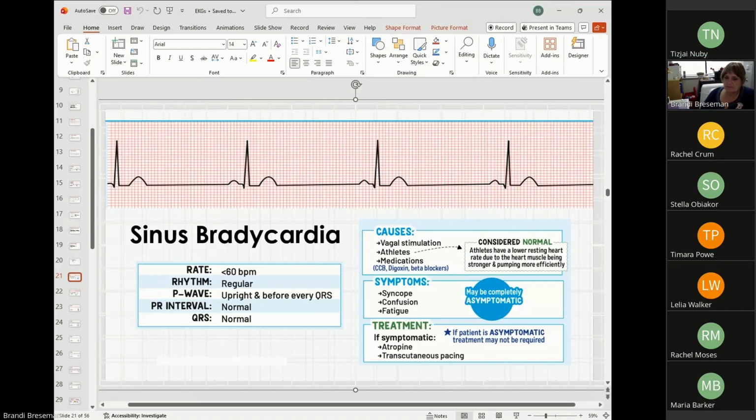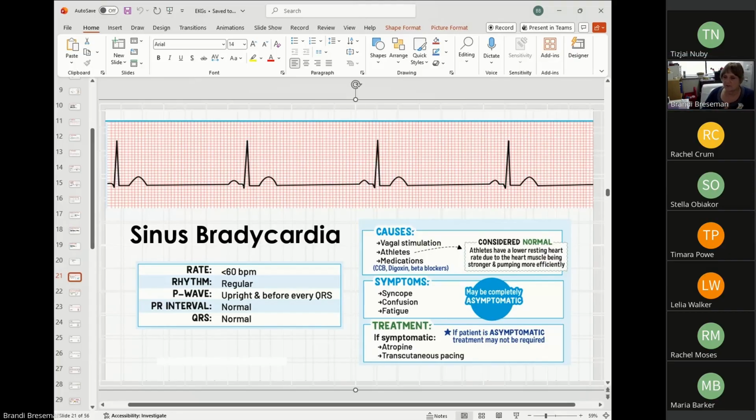If they're symptomatic and they are in a sinus bradycardia, there are 2 treatments. The first is atropine. And you do have to know the treatments for these dysrhythmias or arrhythmias. Dysrhythmia and arrhythmia are the same thing.